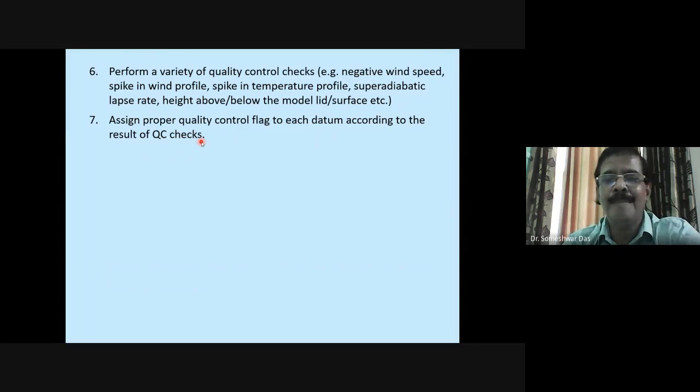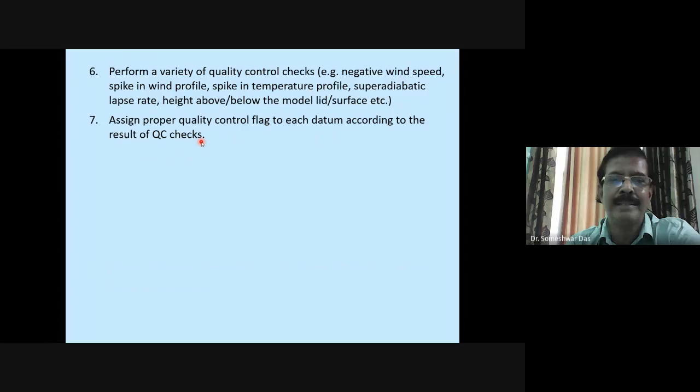So similarly, the data are assigned different kinds of flags, like a red flag or yellow flag, green flag. All the data which are good quality, they are put the green flag so that they are used for the assimilation. If some data is doubtful, then it is shown a yellow flag, let us say, so that people who are sitting to check manually, they will just check manually.